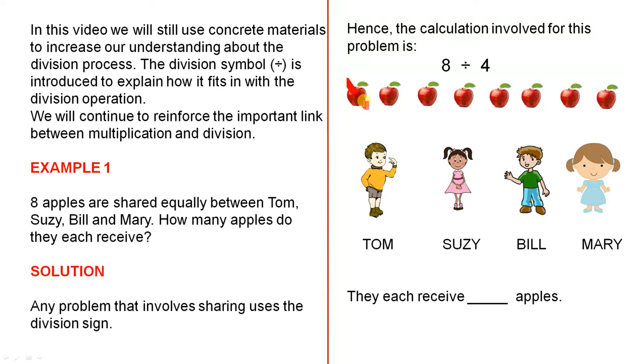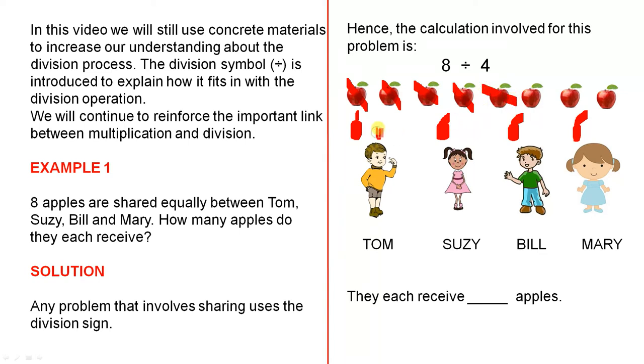So if we cross off that apple and put it there, cross off this one and put it there, this one we place here, and this one we place there. So far each person has 1 apple. Let's continue.